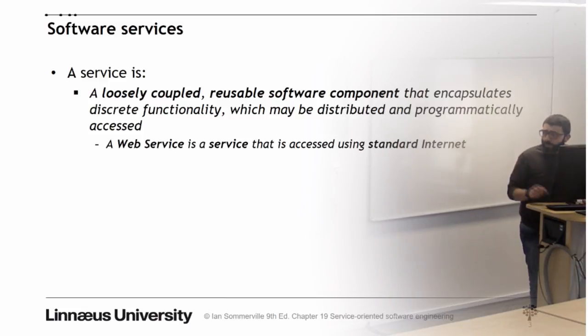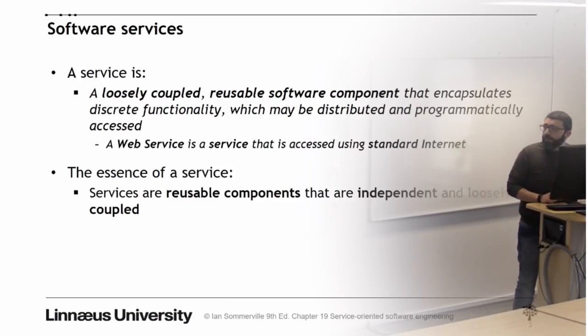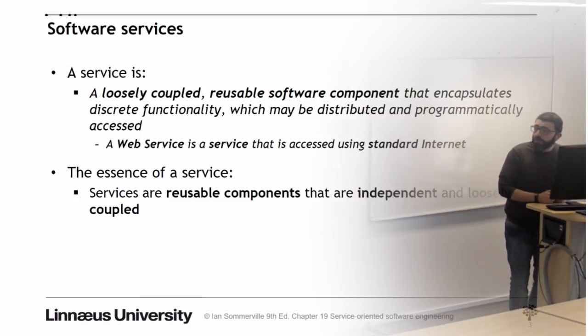In particular, what we will talk about today is the web service, which means a service that can be accessed through the internet, by means of all the standards that we use on the internet. In this case, the essence of the service is to be a reusable component that is independent and loosely coupled. And then we're going to understand what this means.